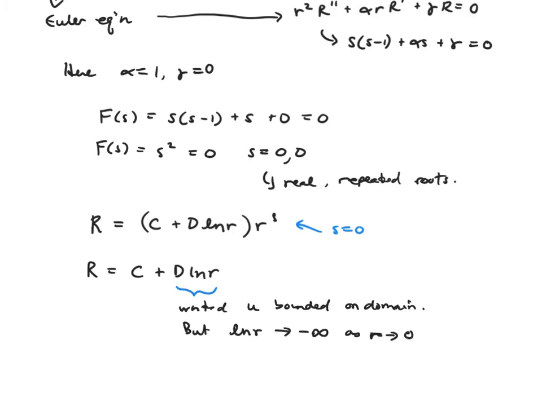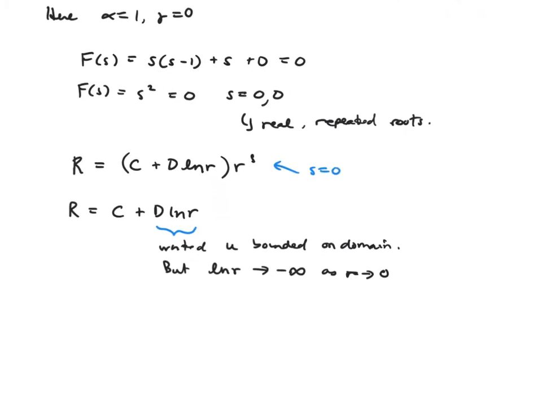So I don't like that term. That solution is not bounded. And so what that implies is that D equals 0 in order to maintain a solution U that is bounded. So this boils down to just R equals, well, C, but generally speaking it's 1. We'll multiply by an arbitrary constant in the superposition of all my solutions down the road.